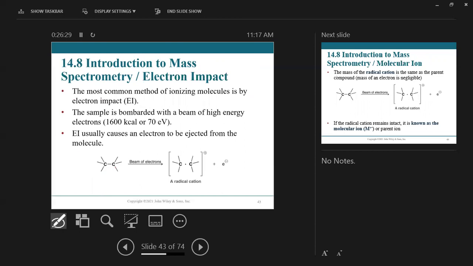The most common method of ionizing molecules is by electron impact. You'll most likely see this on a GC-MS. The sample is bombarded with a beam of high energy electrons, and that's going to hit your sample right here. These electrons hit this, we break it up, and you get a radical cation.